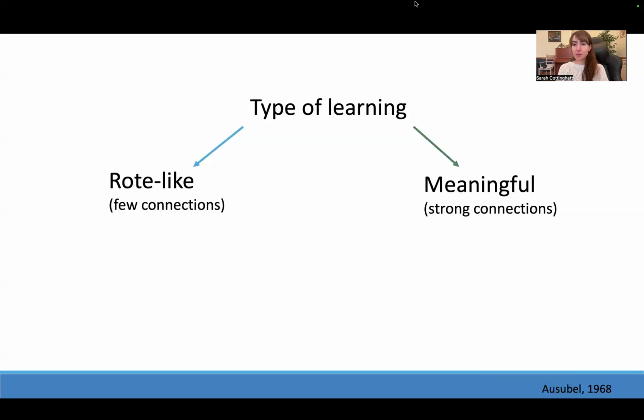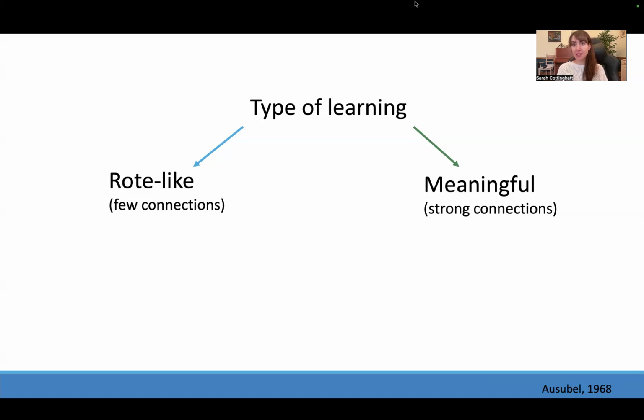And what this does is it sends learning down a particular path. If we help students to make those initial connections, then we send learning down a more meaningful path, that green arrow. If they don't make many connections to start with, then we send learning down a more rote-like path.